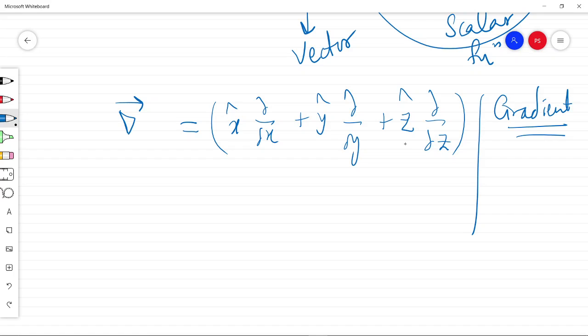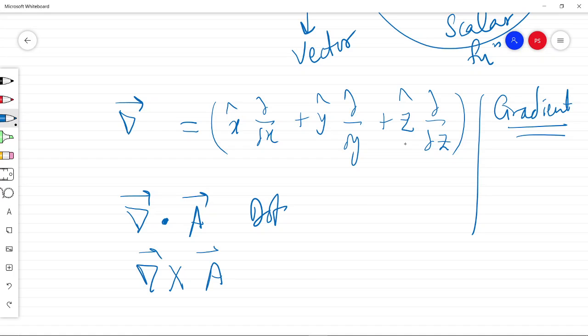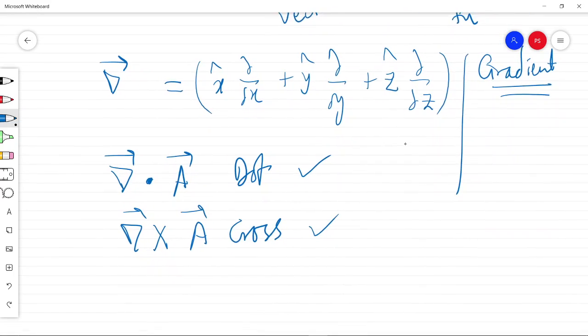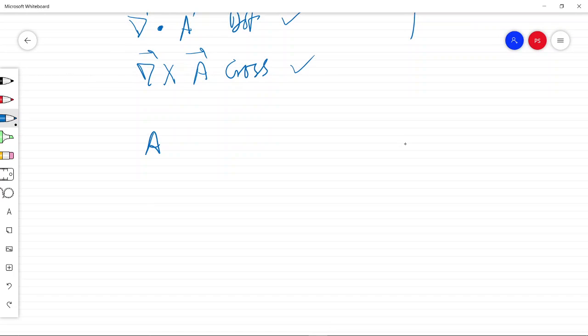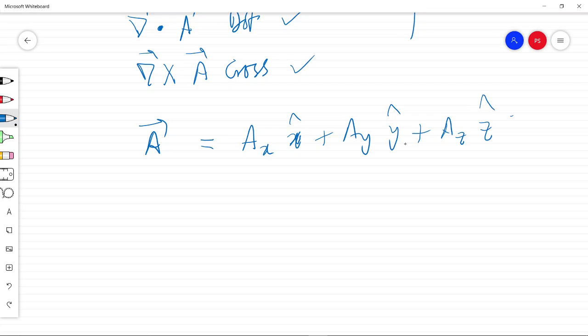Because this del is a vector, and a vector can have two types of products, namely a dot product and a cross product. So let us discuss the first case of dot product. Suppose a bar is a vector function which has three components, ax x cap plus ay y cap plus az z cap.